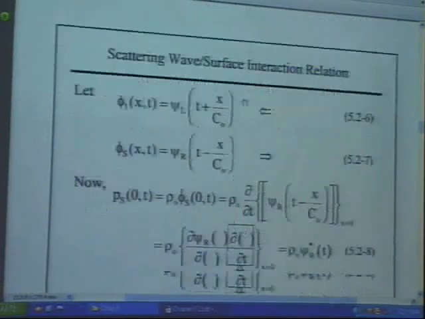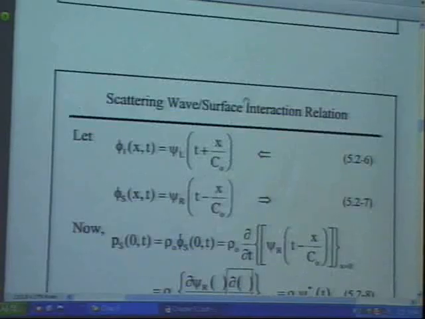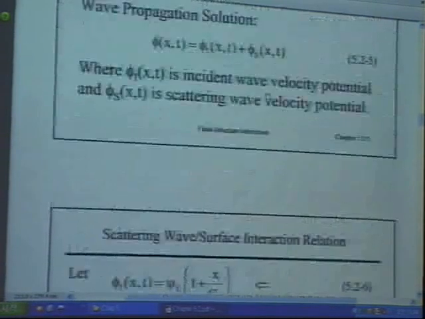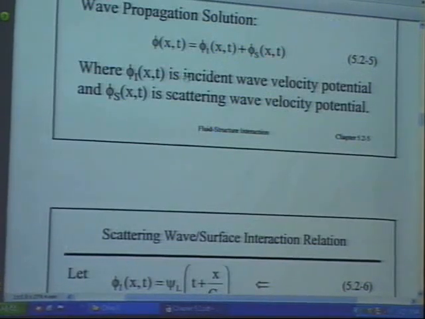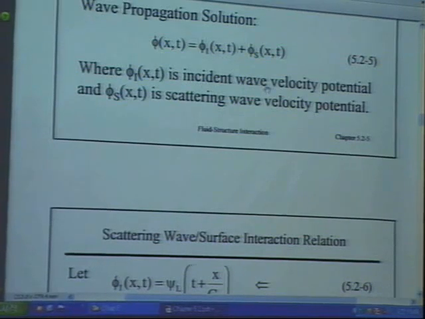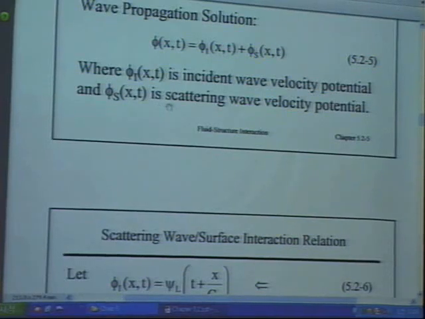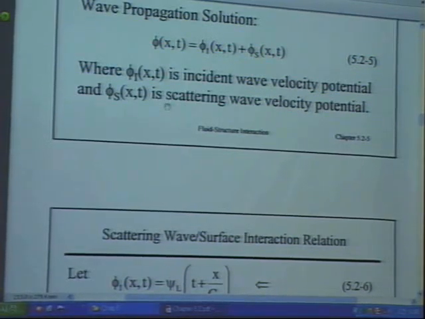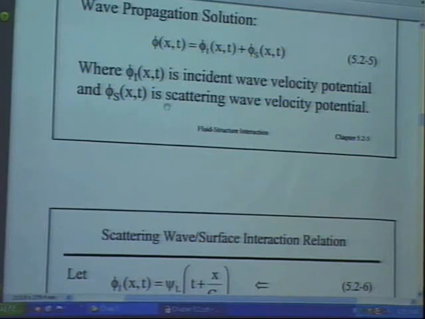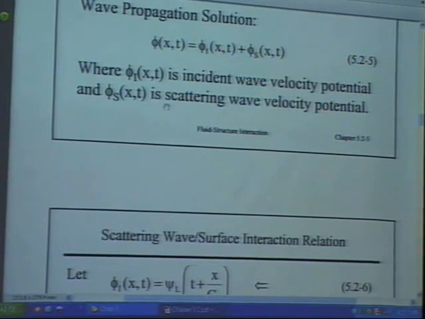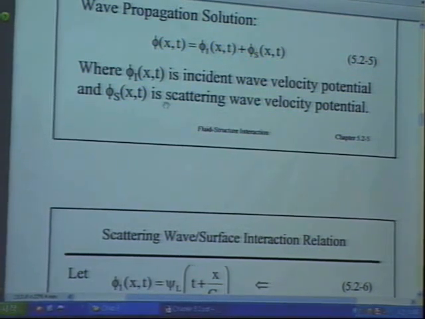Now, I did up to the next page. phi_i is the incident wave velocity potential. phi_s is the scattering wave velocity potential. phi is, regardless, the velocity potential. S is for scattering, I for incident.